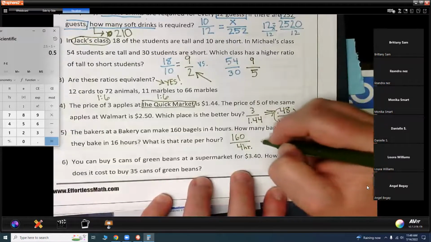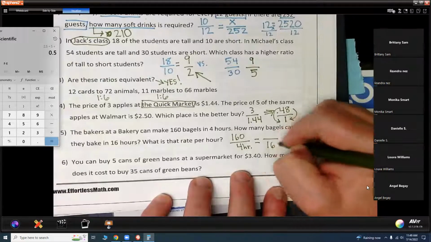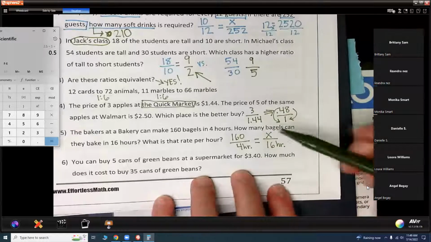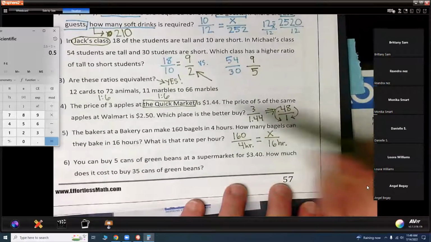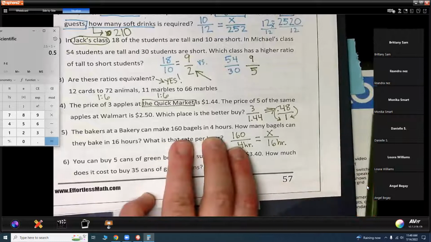Good. Right, so you can set it up again like this, or multiply it, or kind of cut out a lot of the steps like Spencer's telling us.